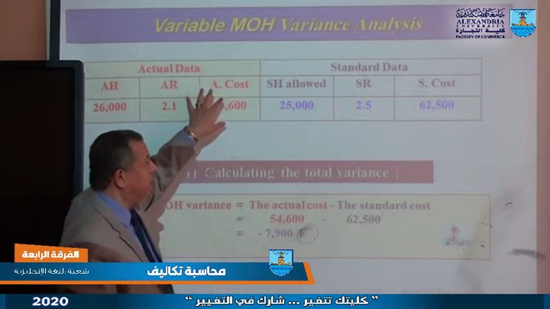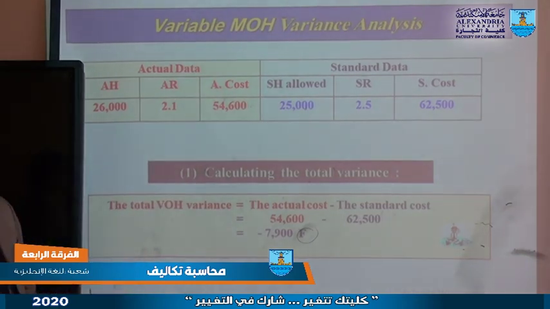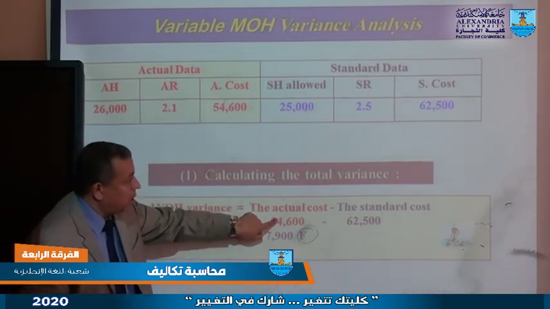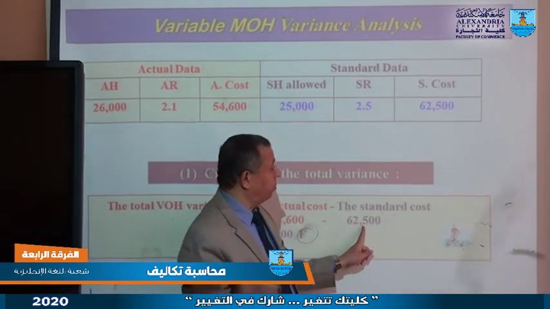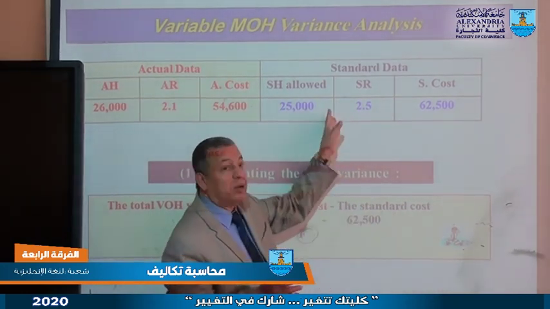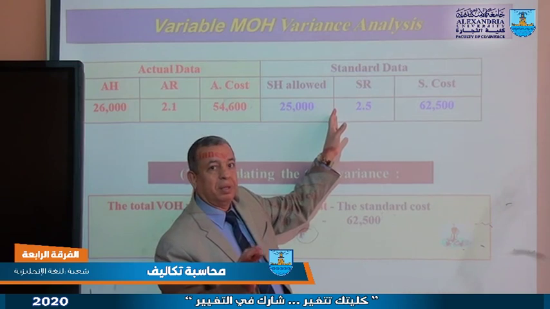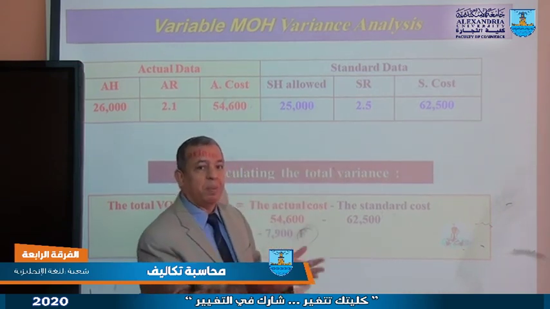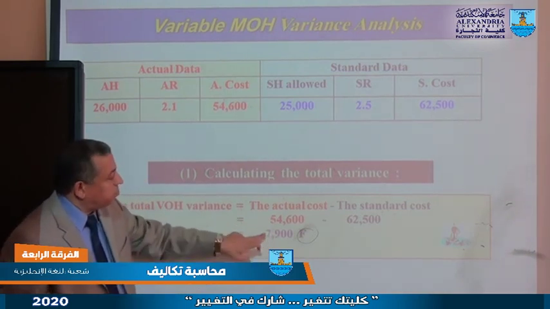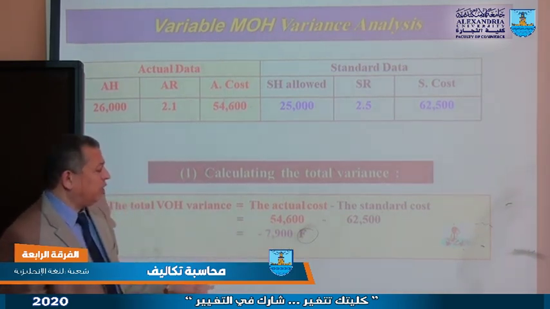This is my table. In equations, firstly, I will calculate total variance. How to calculate total variance? Actual cost minus standard cost. From my point of view, your problem is how to calculate these amounts correctly. The rest is very simple. It's applying. Okay?